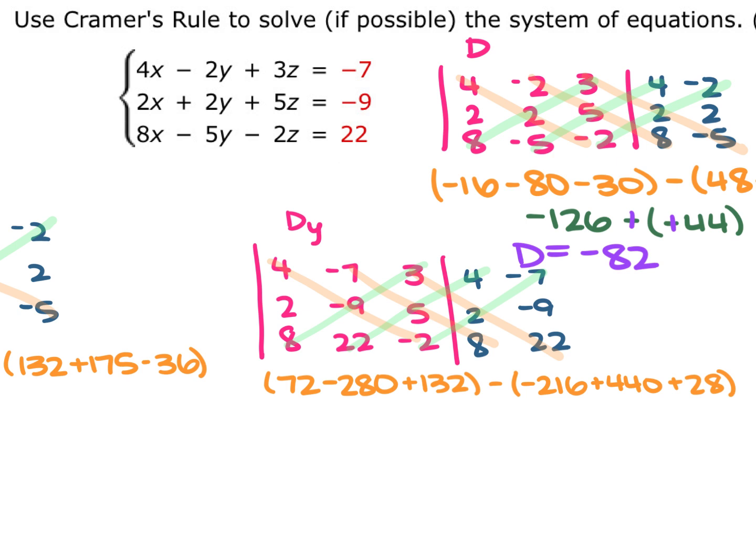You're going to combine like terms here. So 72 minus 280 plus 132 gives you negative 76. Then your negative 216 plus 440 plus 28 gives you 252. Your negative 76 minus 252 gives you negative 328.